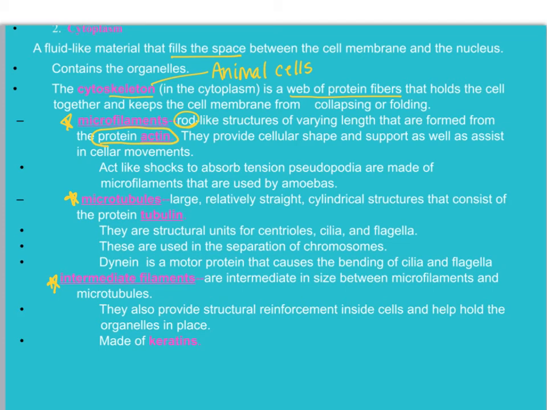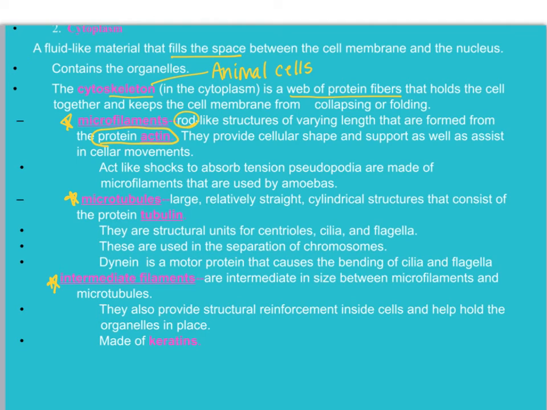Amoebas are unicellular, so those microfilaments are going to act as shock absorbers for an amoeba because, you know, they're unicellular, so that means that they're subject to their environment, things can hurt them, whereas your cells are going to be protected by other cells, if that makes sense.